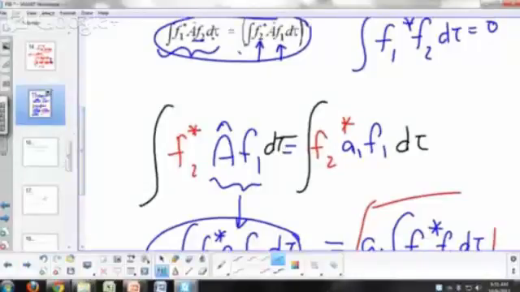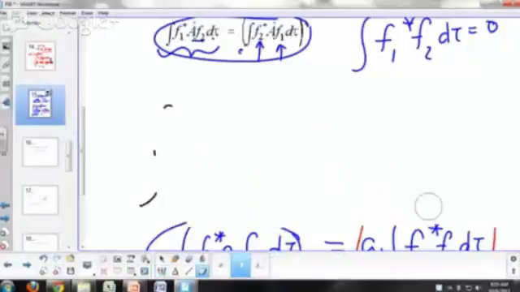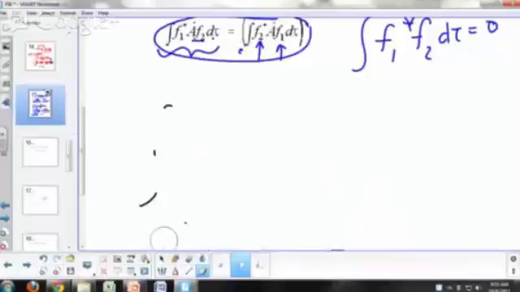Let's start off with this equation right here. Okay, backtrack. Let's backtrack. Sorry about that. Let's start with the definition of a Hermitian operator.